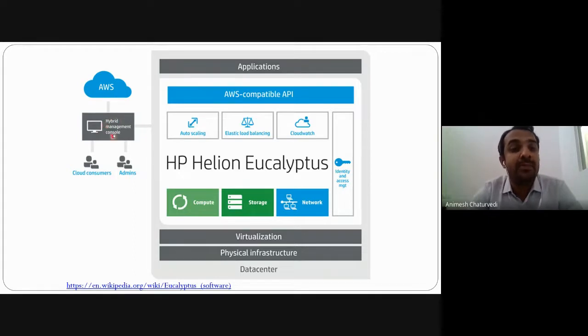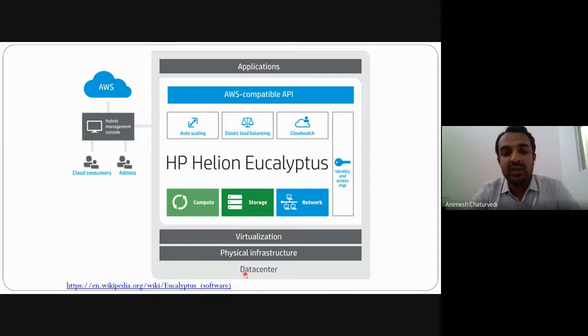With the help of a hybrid management console, used by cloud consumers and admins. They have the hybrid management console, meaning a command line interface, and they communicate and work with Amazon Web Services.